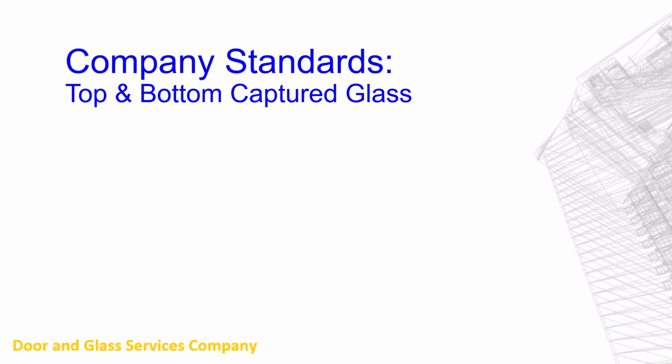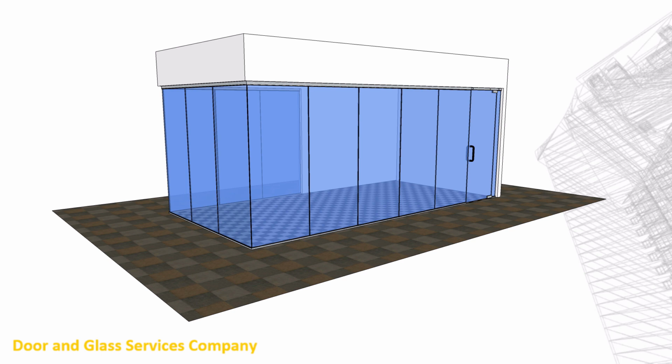The company has certain standards for its performance of top and bottom captured glass. Top and bottom captured glass systems are installed into openings, ordinarily at the interior of buildings.